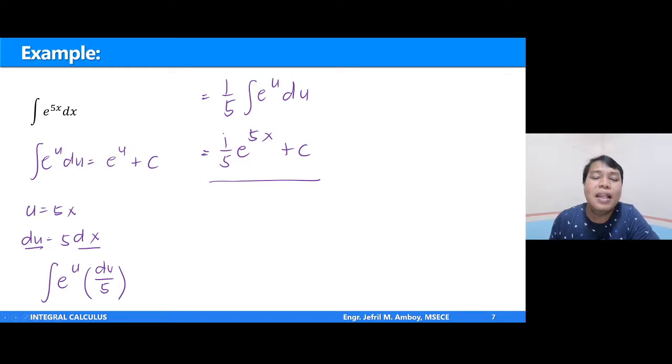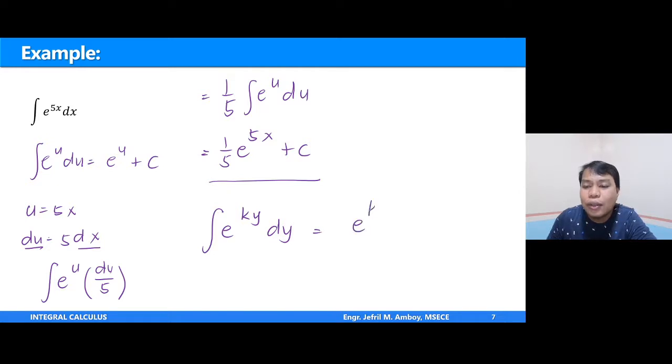Okay? So, madali lang yan, di ba? Madali lang. Okay? So, kapag po yung exponential function natin ay may multiplier, yung multiplier na x, magiging denominator lang yun sa sagot. Okay? So, halimbawa, ano daw ang integral ng e to the ky dy, where k is a constant? Eh, di madali lang, no?